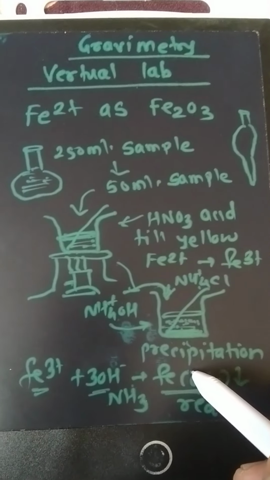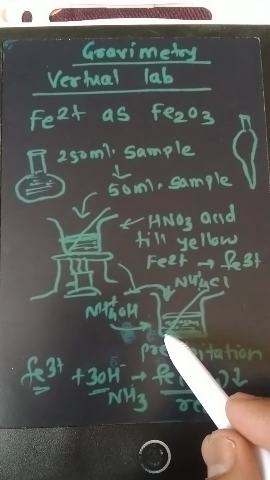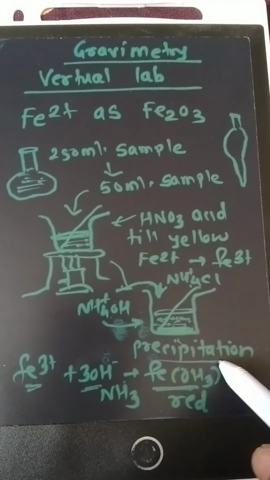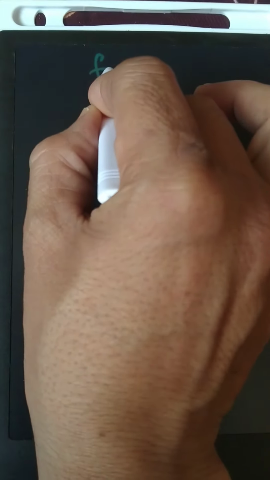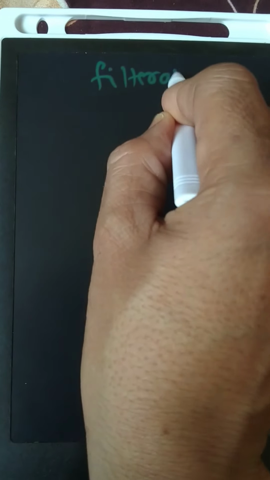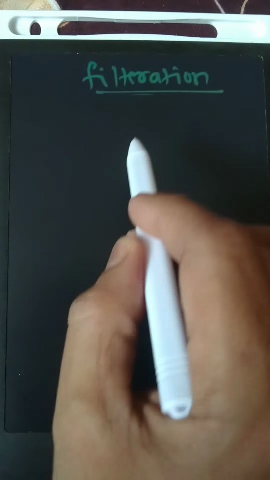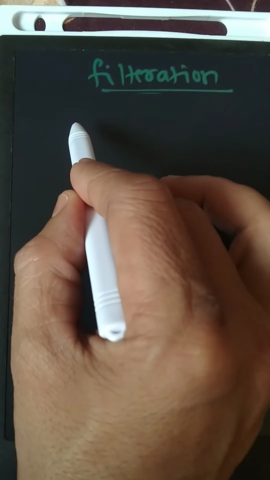The first step of this gravimetric analysis experiment is the precipitation step. Then what happens in the next step? The next step is the filtration step. We have to filter that precipitate from the solution. So what is done?